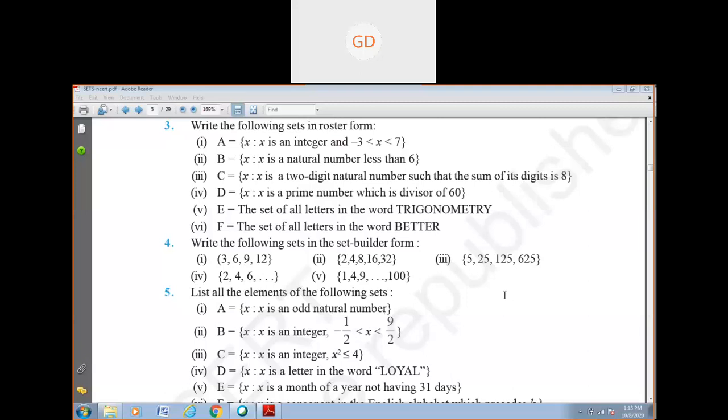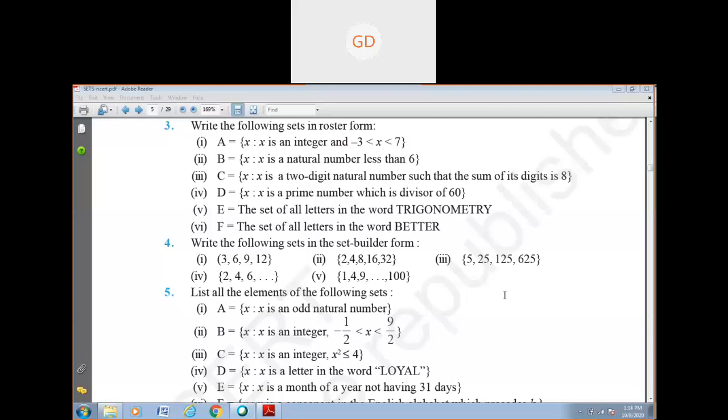Set builder form we have already discussed. The structure is available on the screen in question number 3. These are the structure of the set builder form: x such that. X is to be written here. What about x? The characteristics of the elements we have to define after such that, the colon symbol.